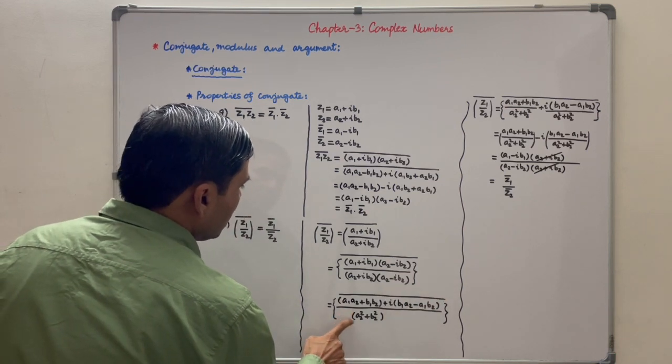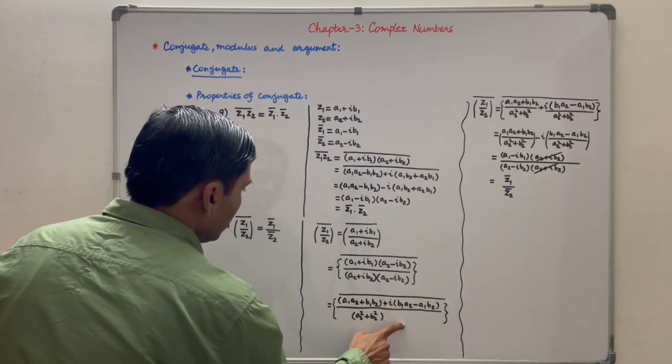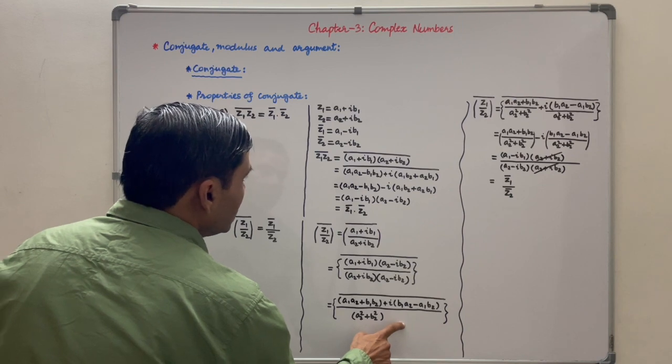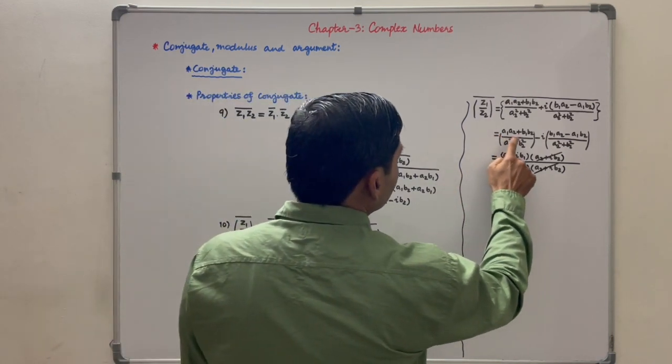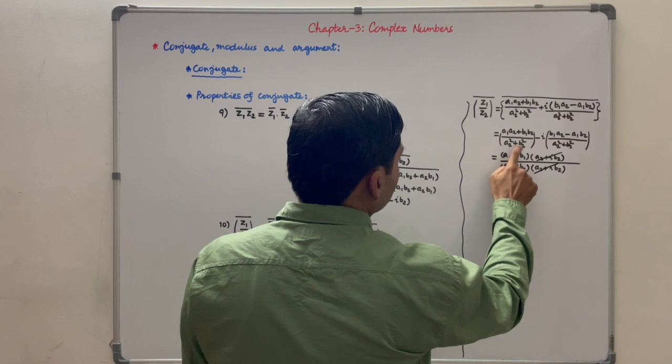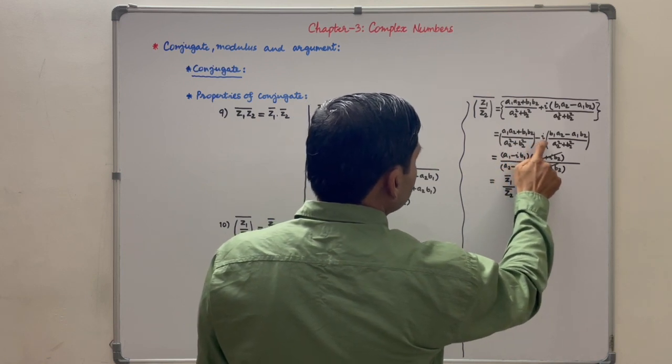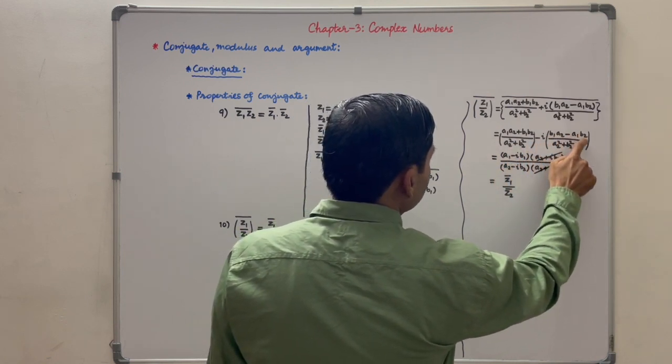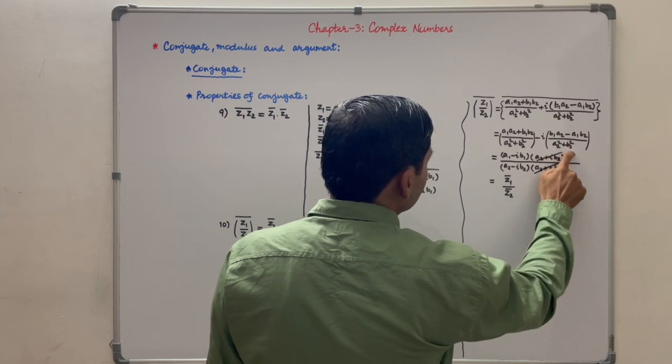Now we will write this complex number in standard form and take the conjugate of it. So it will become (a1 a2 plus b1 b2) upon (a2 square plus b2 square) minus i into (b1 a2 minus a1 b2) upon (a2 square plus b2 square).